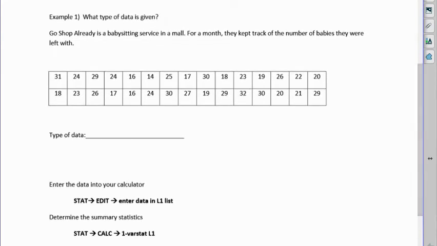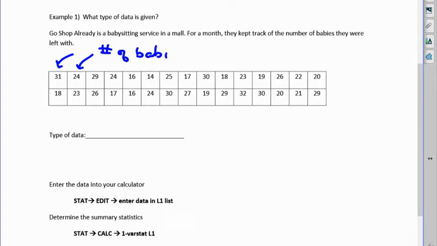We have the Ghost Shop, a babysitting service in a mall. For a month, they kept track of the number of babies they were left with. So people just drop their babies off and go shopping. It looks like on one of the days there were 31 babies, another 24 babies. So this is counting the number of babies.